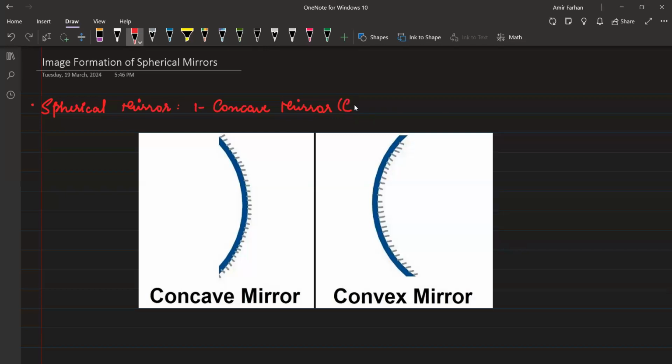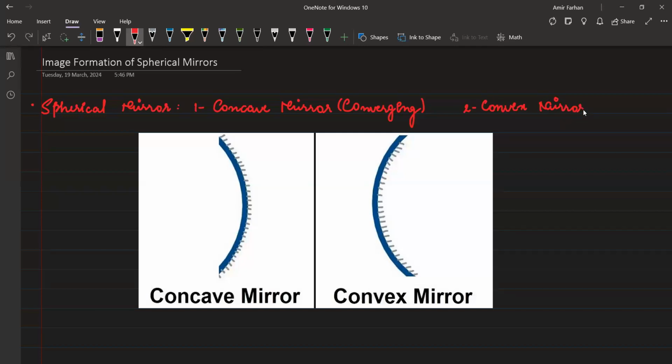Does anybody have any idea what is the meaning of converging? Joining. Okay, Nabila said joining, you are correct.